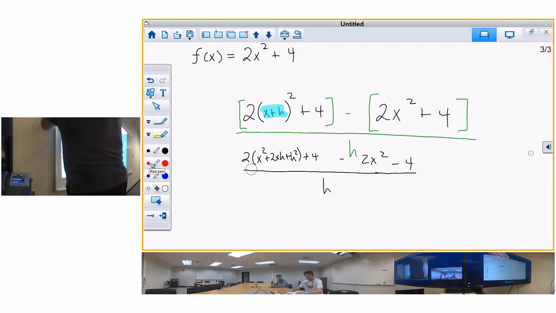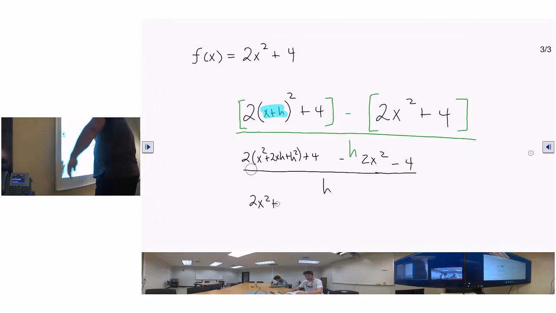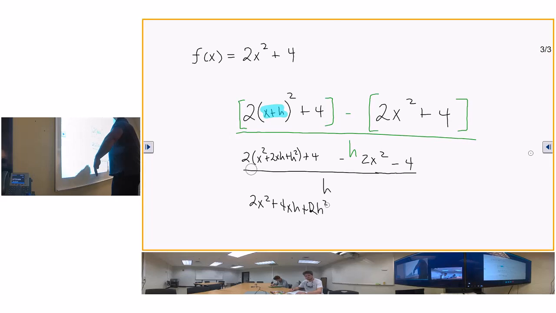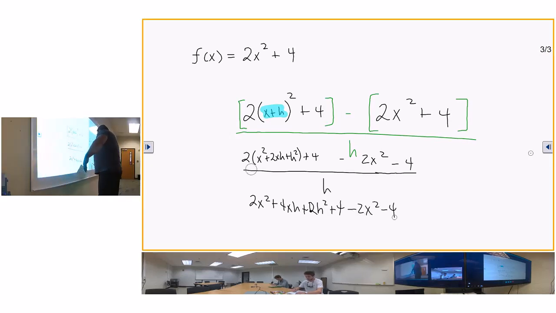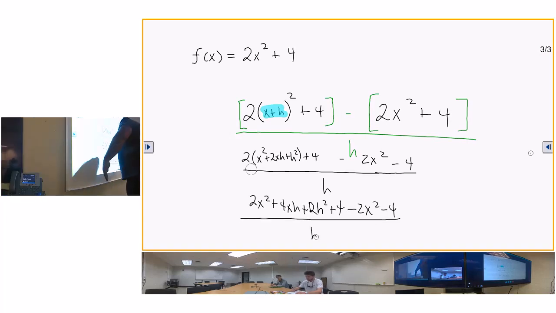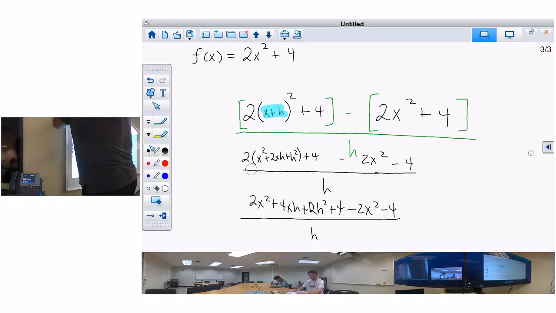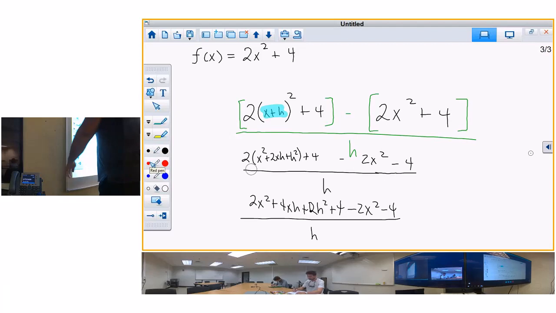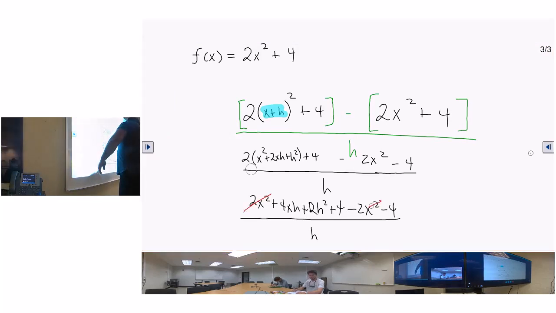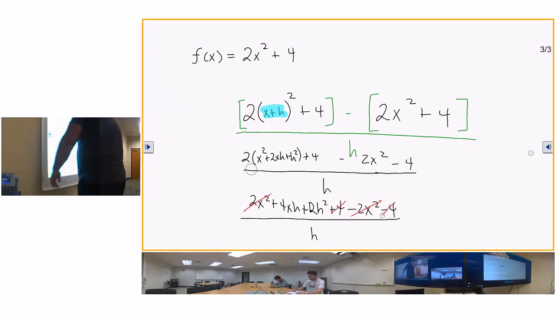Oh, I got to distribute, sorry. 2x squared plus 4xh plus 2h squared plus 4 minus 2x squared minus 4 over h. Now take your red pen. The 2x squareds cancel, and the plus 4 and the minus 4 cancel.